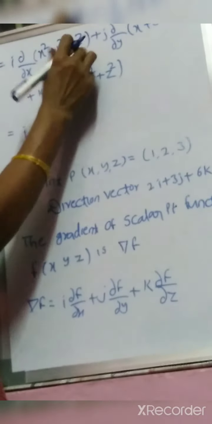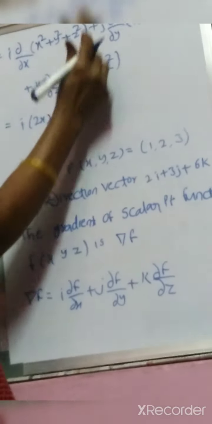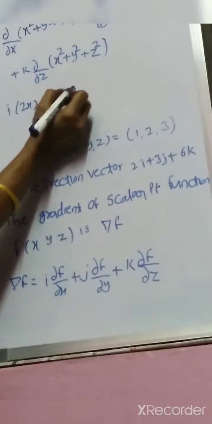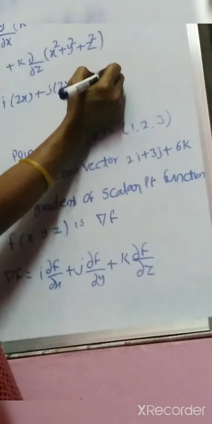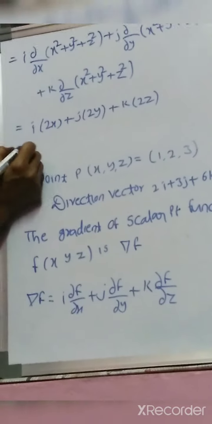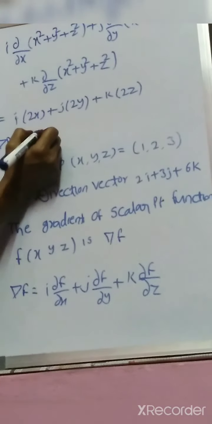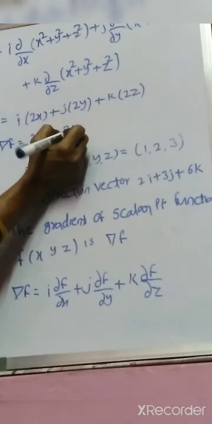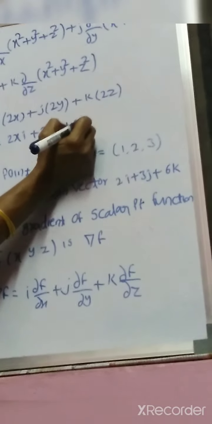With respect to x this is 2x, the remaining terms are 0, plus j times 2y, plus k times 2z. So grad f is equal to 2x i plus 2y j plus 2z k. This is the value of grad f.